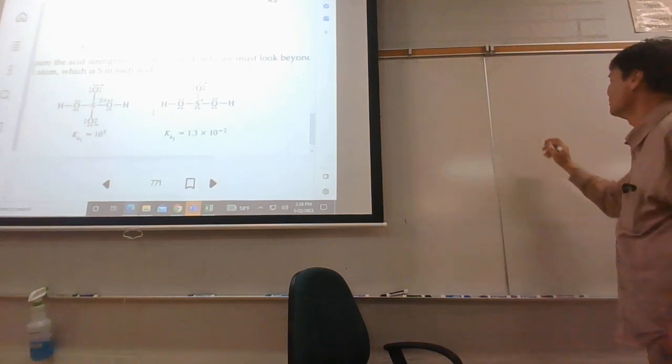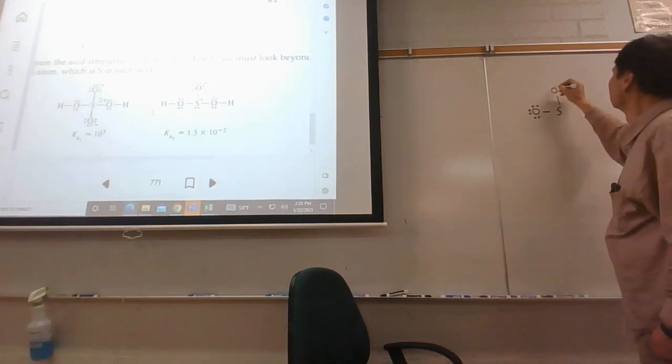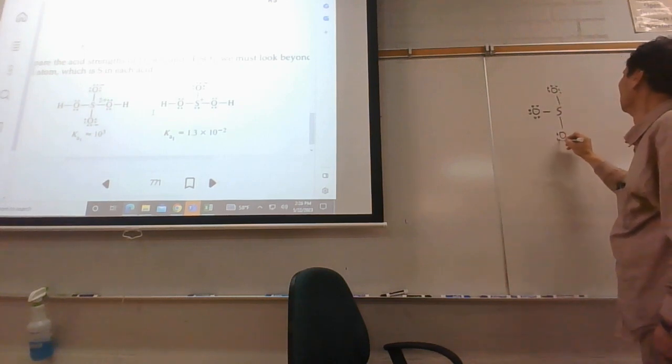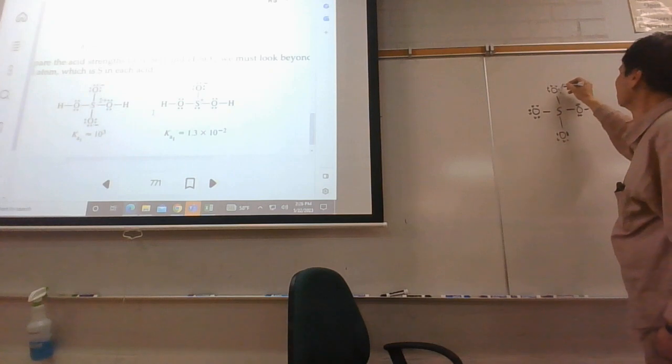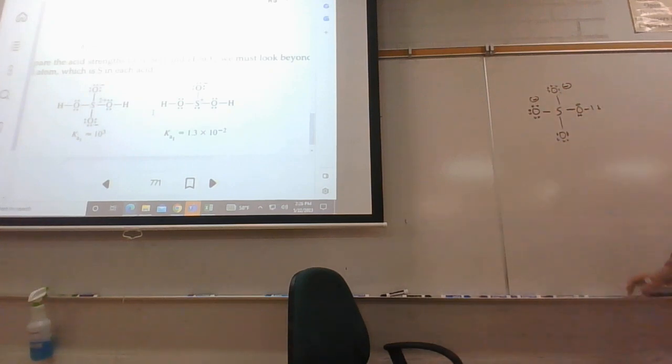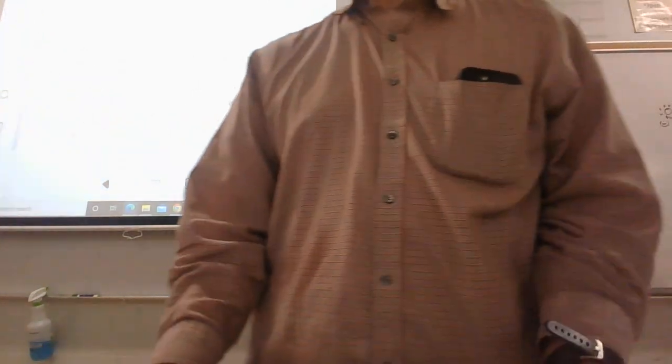If we deprotonate H2SO4 just once, I'll take off the left proton there, versus the sulfurous acid here. We want negative charge. The more negative charge, the more basic.